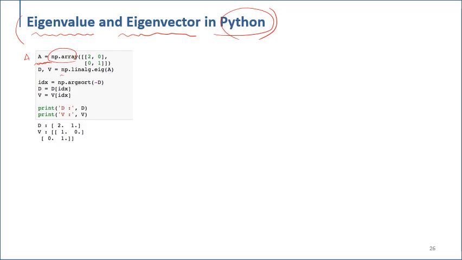Then, by using a very simple function like np.linalg.eig, we can have the eigenvalue and eigenvector respectively. Here, D is simply the eigenvalues and V are the eigenvectors. When you print out this eigenvalue and eigenvector, you can simply get a solution.